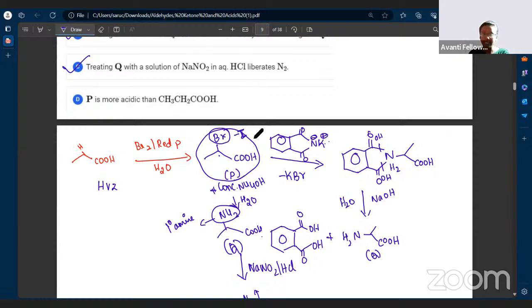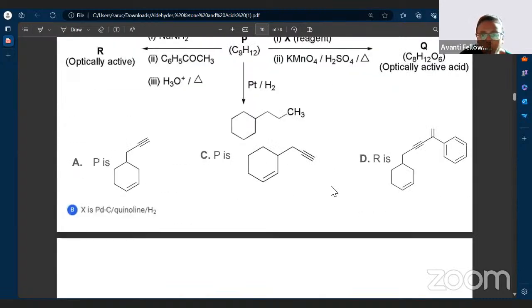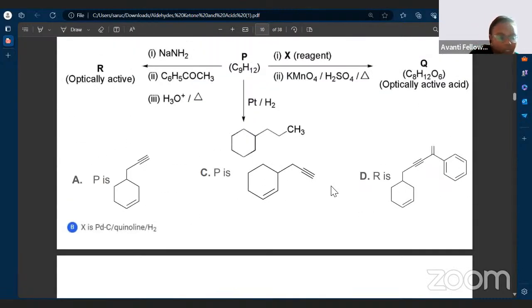It will withdraw electrons, so the bond between oxygen and hydrogen will become weak, and H plus can move out easily. The acidity will increase. So P is more acidic than propanoic acid. The statements are clear with this question. Clear? Yes. Moving on to the next question.